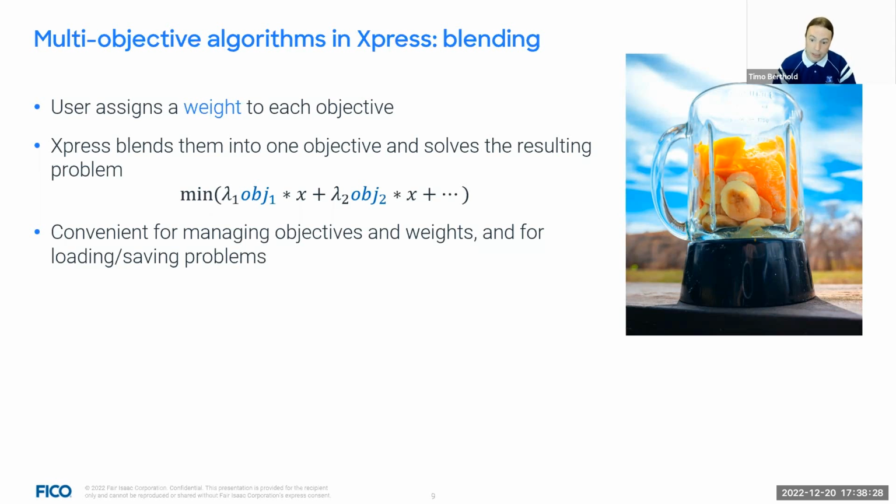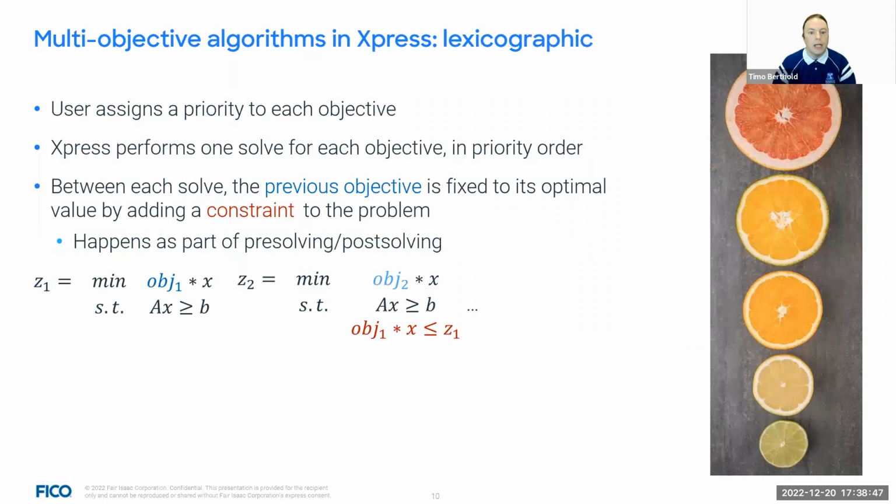This would admittedly not be too hard to do externally, but still this gives an easy way to let the optimizer manage all your objectives and just play with the weights. And when you save and look at your problems, the contextual information that this is indeed a multi-objective problem gets preserved. So this is all nice.